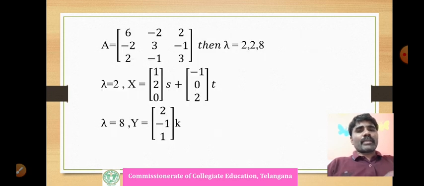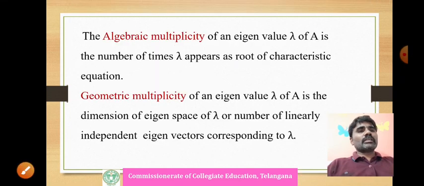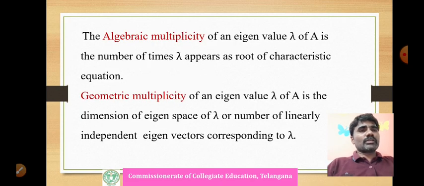How many times does 2 appear? 2 times. That's why the algebraic multiplicity is 2 for lambda equals 2.